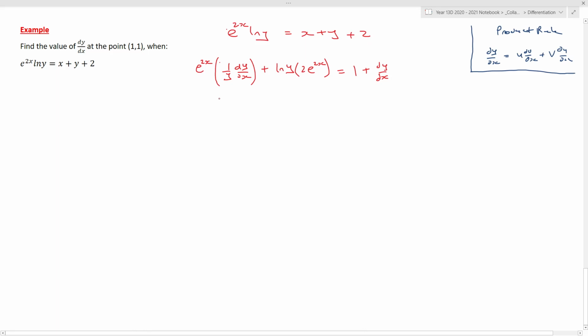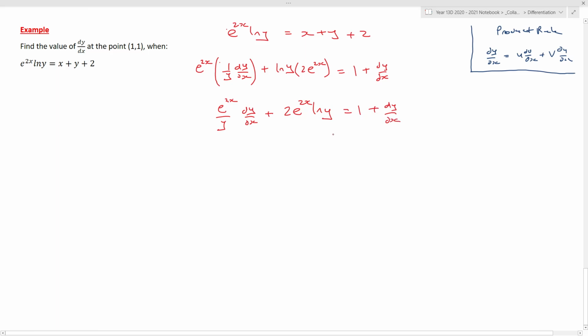So that's that. Let's just simplify. So we have e to the power of 2x over y dy by dx plus 2 e to the power of 2x ln y is equal to 1 plus dy by dx.